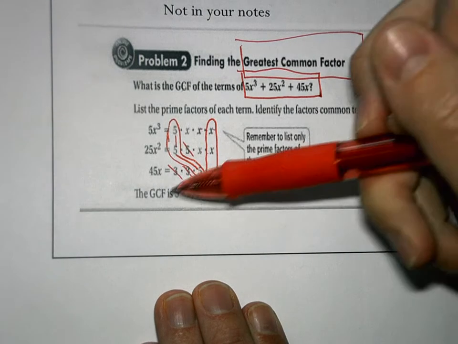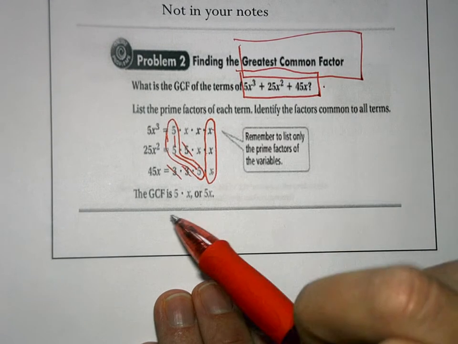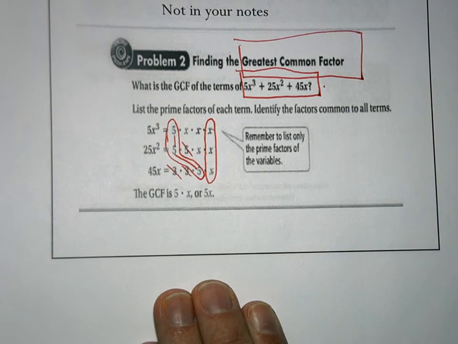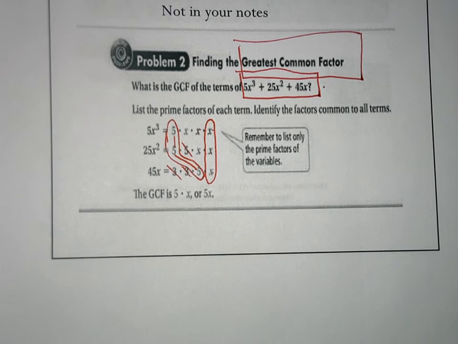So the GCF for this term is 5 times x, or 5x is the more proper way to say it. So again, with your GCF, all three terms, or however many terms are in the problem, all of them have to have that number and letter in order for it to factor out.